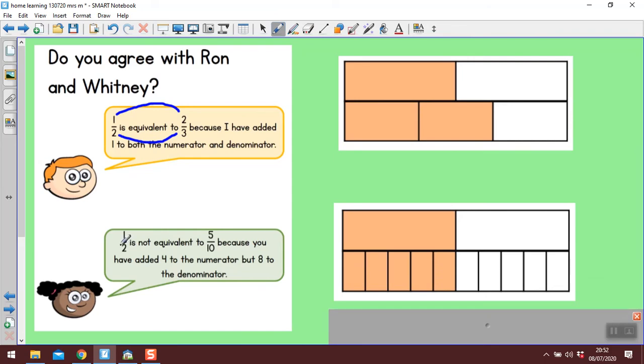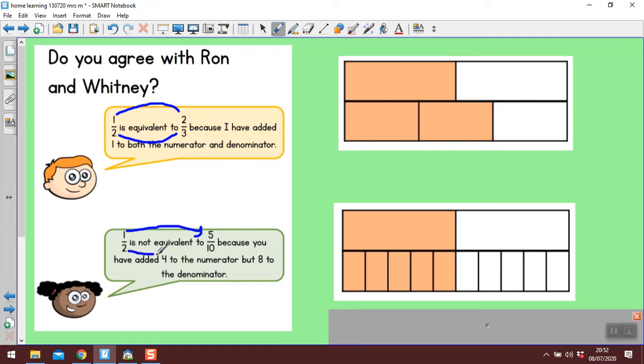Whitney says that 1/2 is not equivalent to 5/10. This is 1/2, 1 out of 2, and this is 5/10, 5 out of 10. Is 1/2 equivalent to 5/10? Yes. Now what's actually happened to the 1 to get to the 5 is it's been multiplied by a certain number.